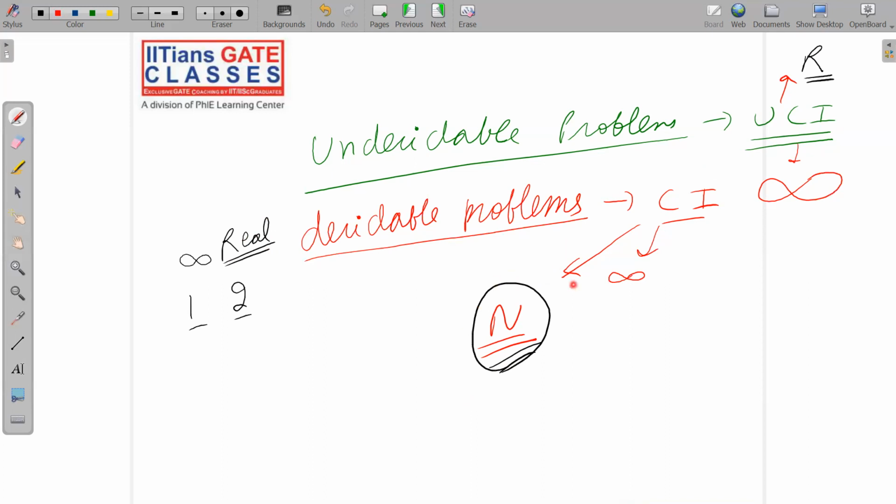Countably infinite just means that we can identify this is your first number, this is your second number, this is your third number, and so on. One is the first number in natural numbers, two is the second, three is the third, and so on. But real numbers are uncountably infinite. This means that you cannot identify this is my first number, this is my second number.